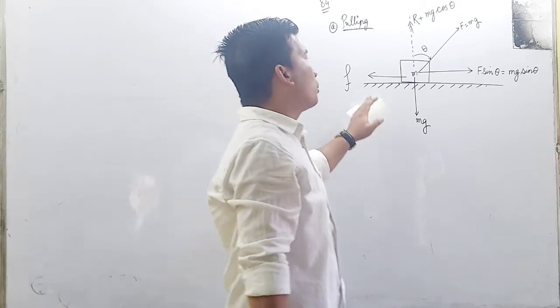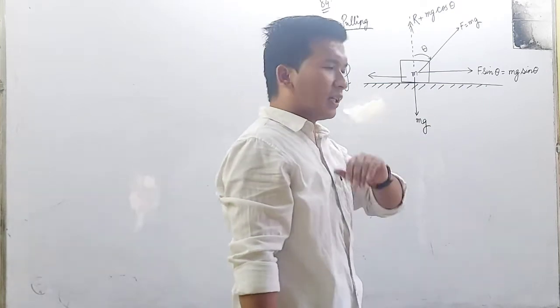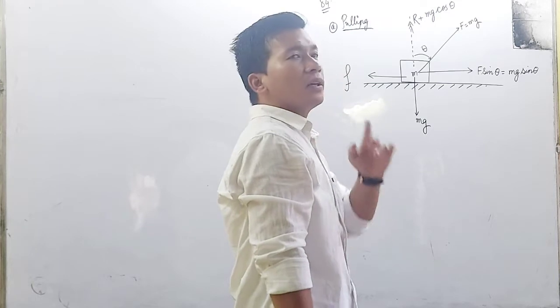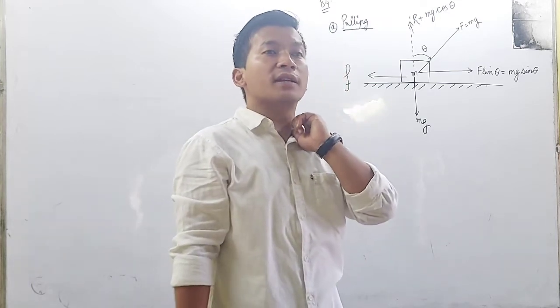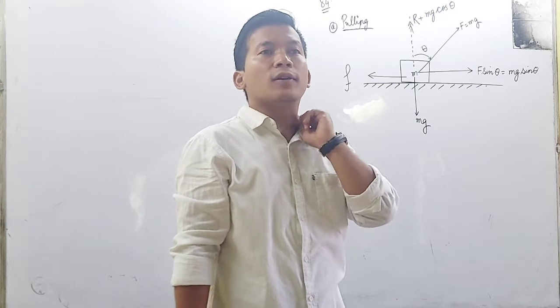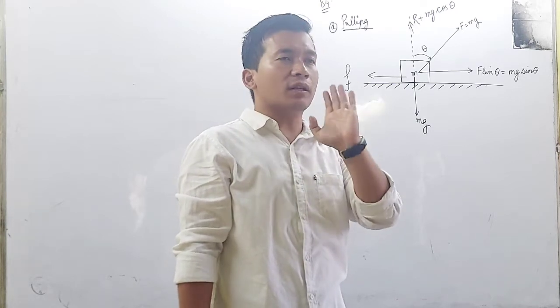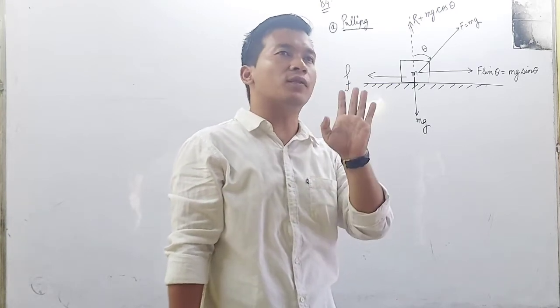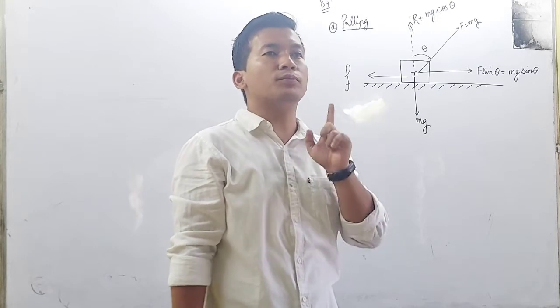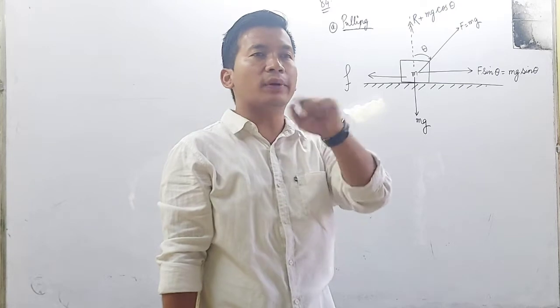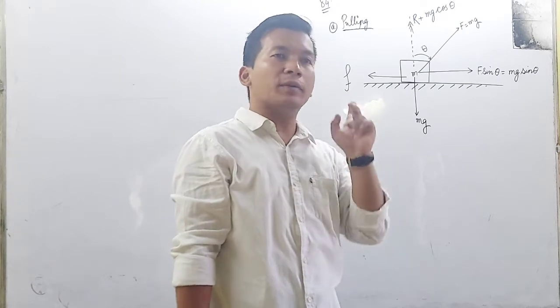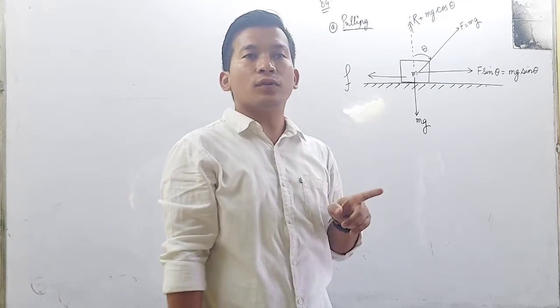For any problem related to friction, first you have to find out the normal reaction. Why? Because according to our frictional law, the frictional force small f is equal to mu times R. Without knowing the value of R, can we evaluate the value of the frictional force small f?